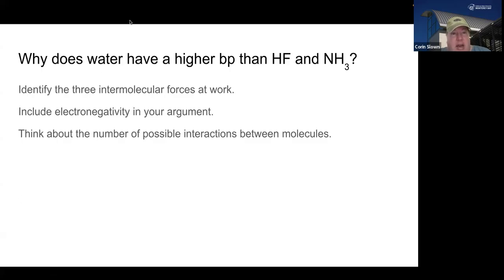I want you to think about electronegativity in your argument. It'll probably take me longer to draw these than it will you, but take a moment and think about why water has a higher BP, or boiling point, than HF, hydrogen fluoride, or ammonia?